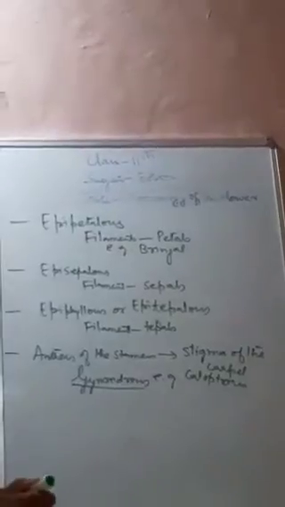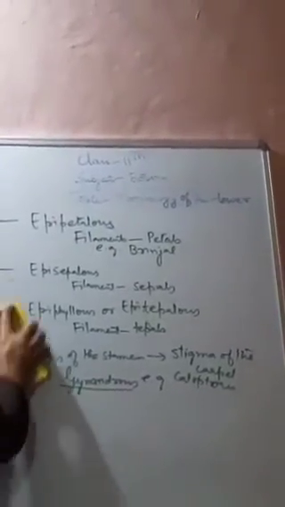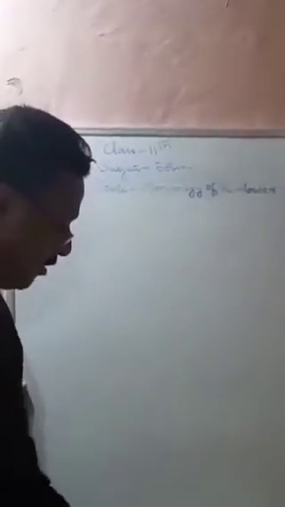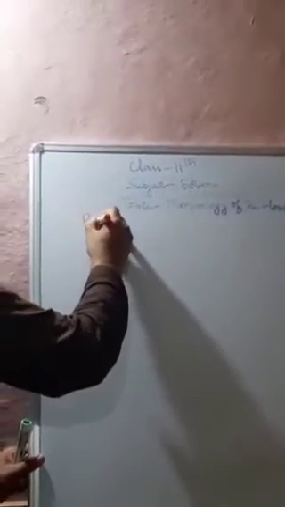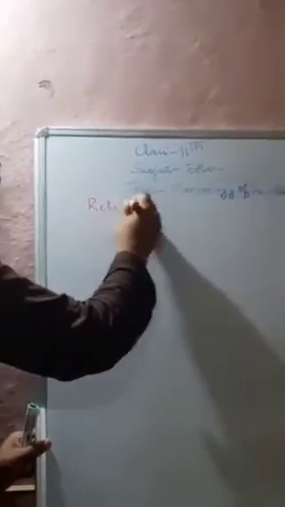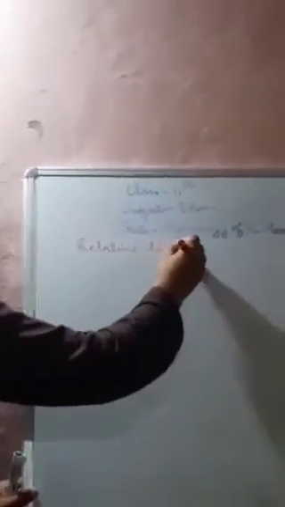This is the condition. Now, on the basis of the relative length of the filament, that is, how the length of the filament is, we have got two types of stamens.